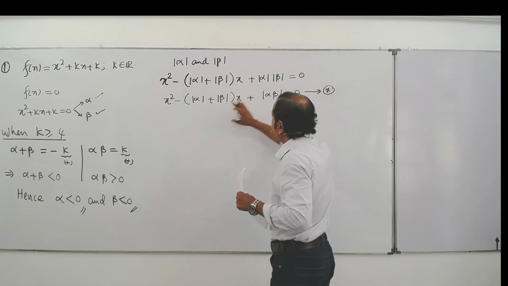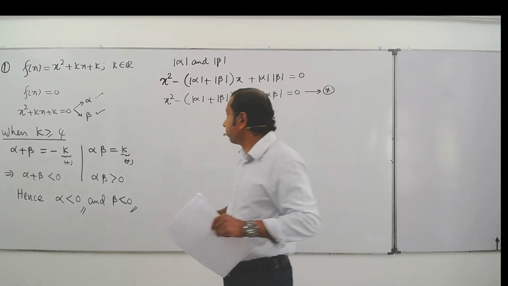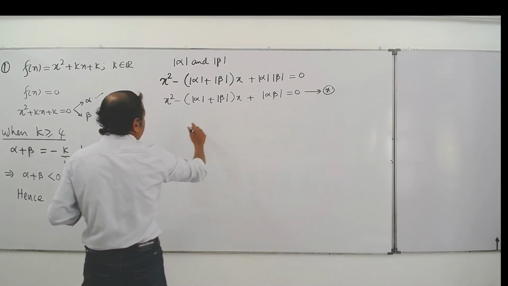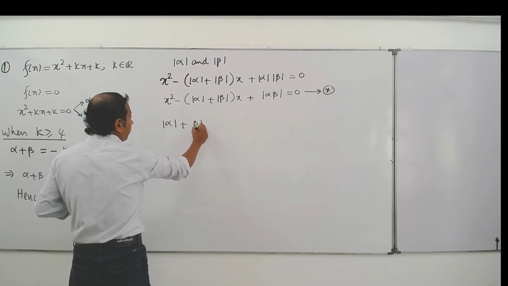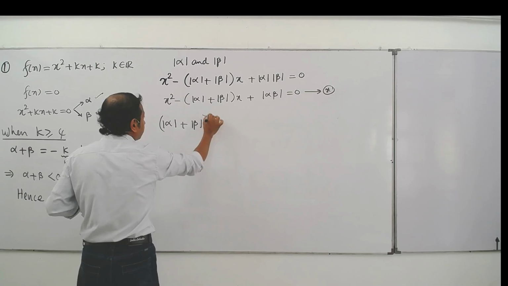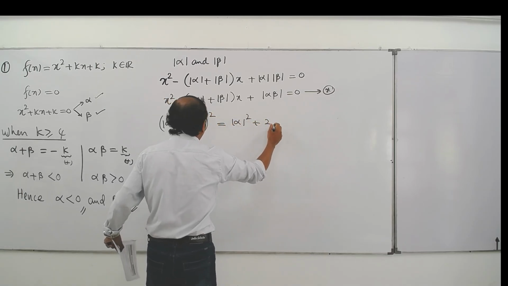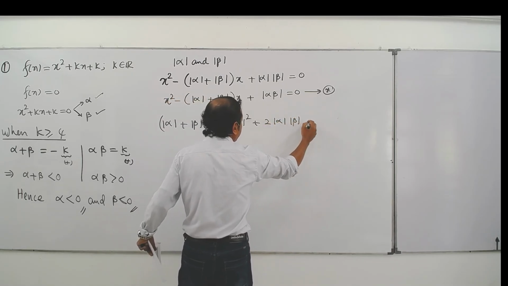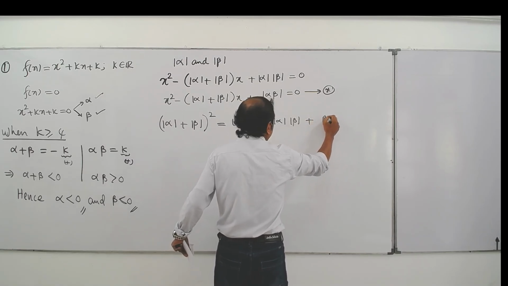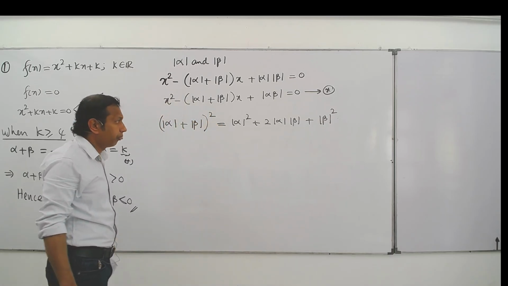Now I am going to find this separately and this separately. Then we can substitute. This mod alpha plus mod beta I can find like this. First I square it. Then we get mod alpha squared plus 2 times mod alpha mod beta plus mod beta squared.